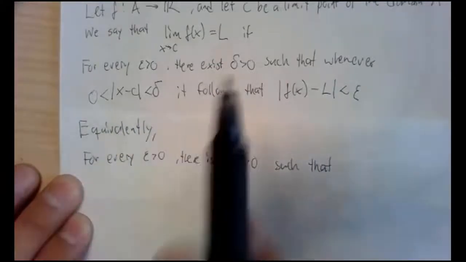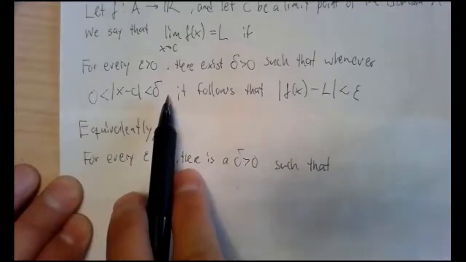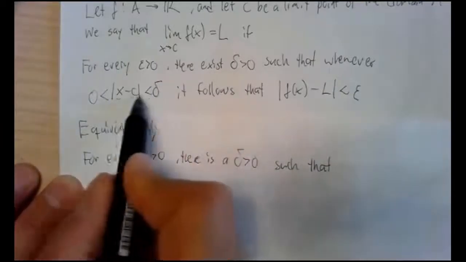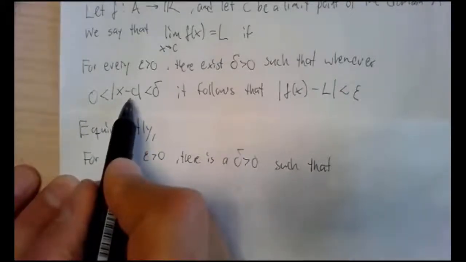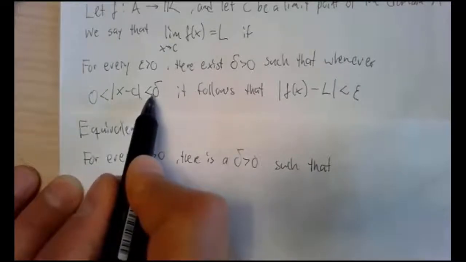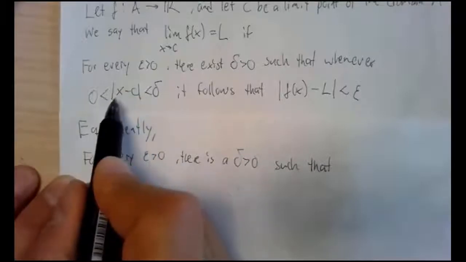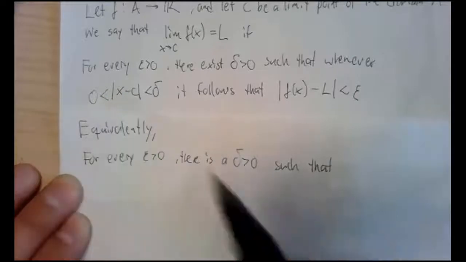I'm just going to try to rewrite the meaning of this. Remember, the absolute value of the difference of two numbers is like the distance. So this is a way of saying that the distance from x to c is less than delta, right? So that means this number x belongs to the delta neighborhood around c.